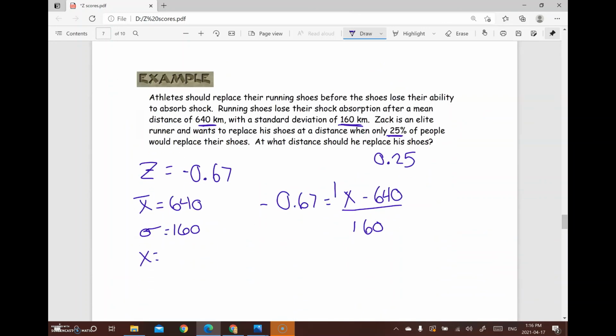I'm going to multiply both sides by 160. And I get negative 107.2 equals x, subtract 640, add 640 to both sides.